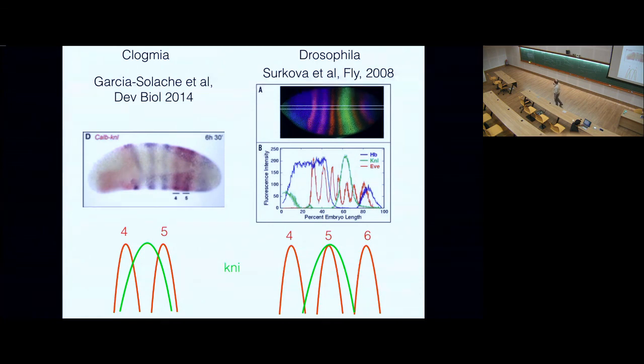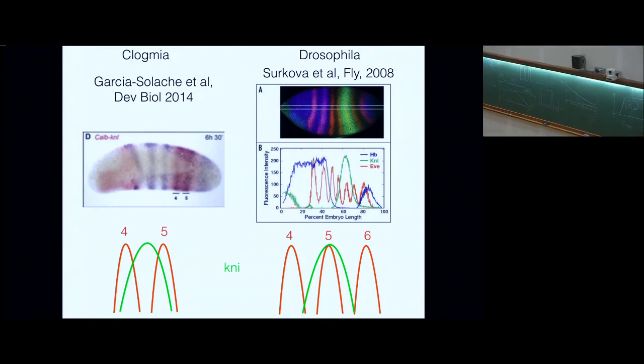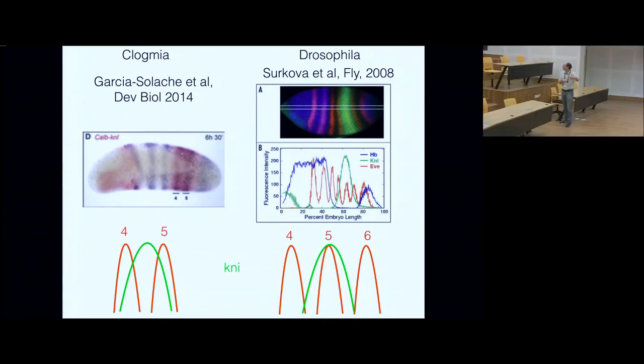The reason why you don't get stuff like that in the end is that imagine your field of cells is like this. Now how do you increase the number of patterns? You clearly need to get rid of this big stuff to be able to put in more stripes. That's also why you don't get this, because you have a clock with a very rapid period that helps get rid of these big things.